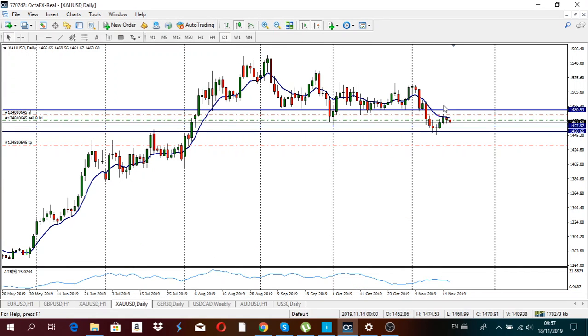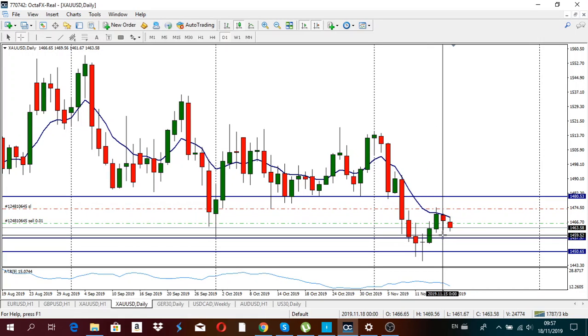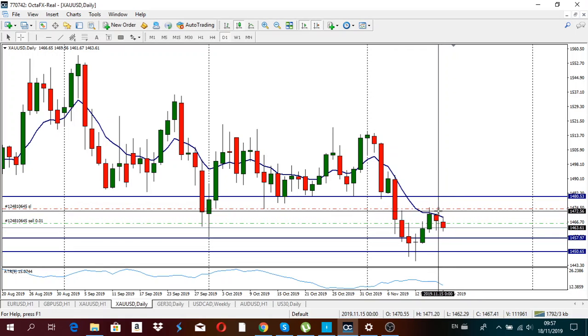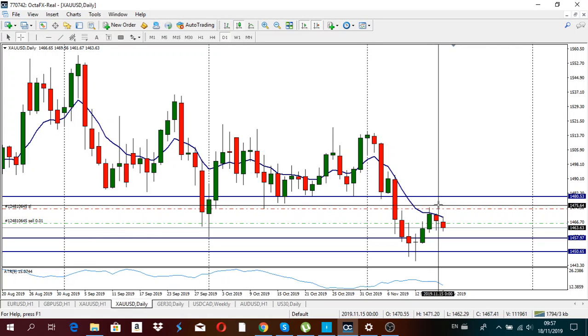Of course, this is a more aggressive entry, but the correct entry should be below the low of this green candle. This is how you trade the inner bar pattern. So the real entry will be below 1460, and the stop will be above 1470, 75 actually.